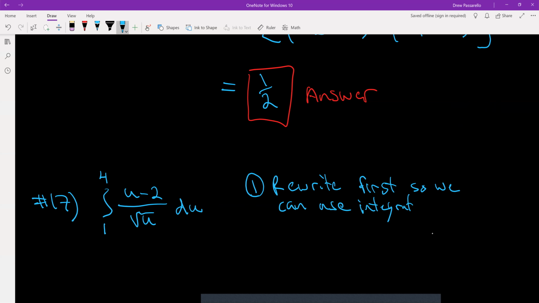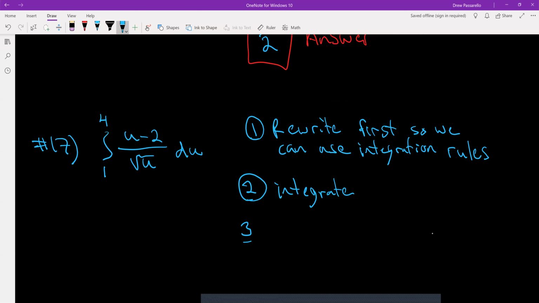Because right now I can't really apply it yet since I don't have anything in the table that I can do with this kind of format. All right, so rewrite first, integrate, then apply the fundamental theorem.